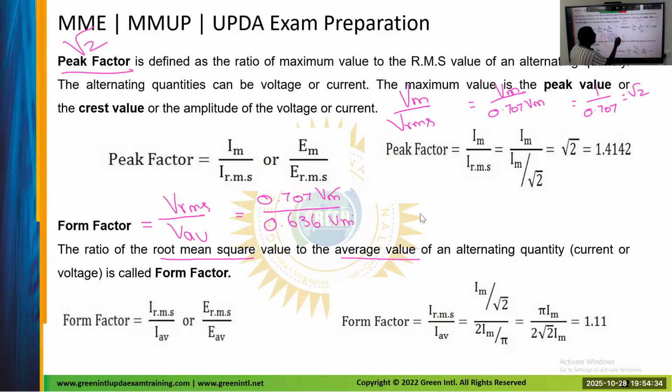So Vm cancels and dividing these numbers, we get 1.11. So this is the form factor. The form factor we use in the EMF equation for alternators and transformers. The peak factor we never use in any problems. But we just remember these factors because in our exam, they ask the definitions or the values.